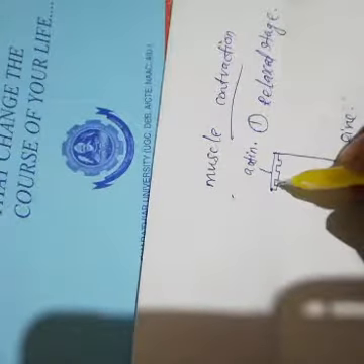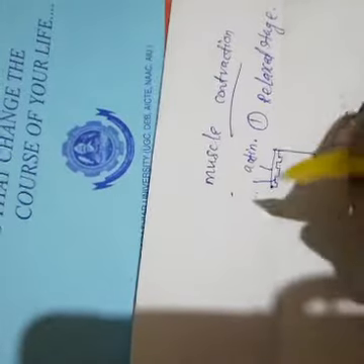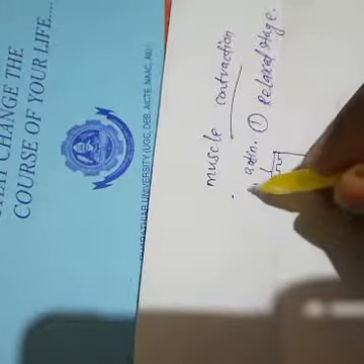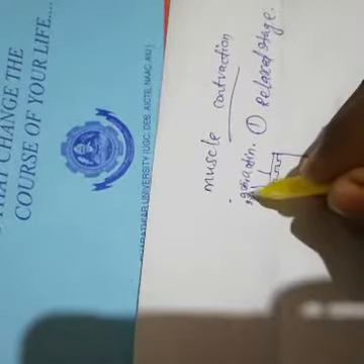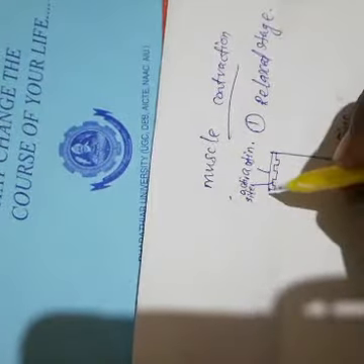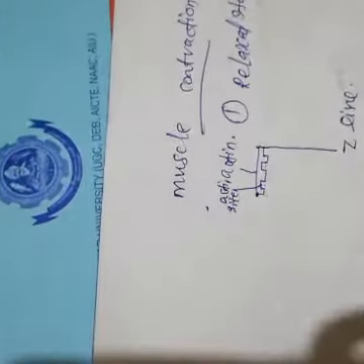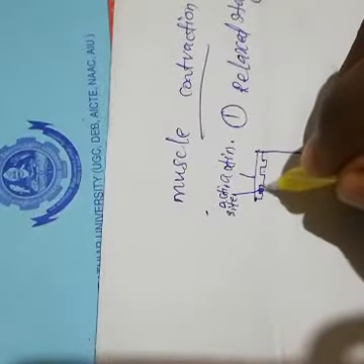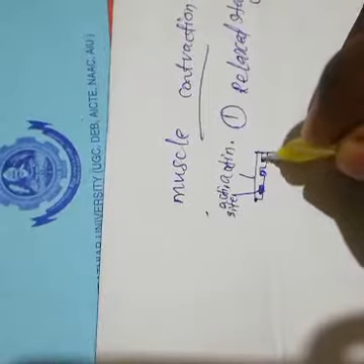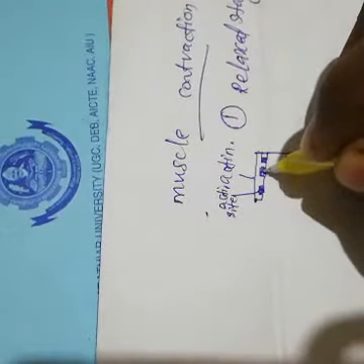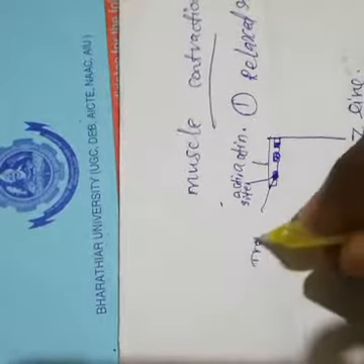Then in the actin filament we can find some active sites. This is the active site, and this is one more active site, and these active sites are filled with a structure called troponin.